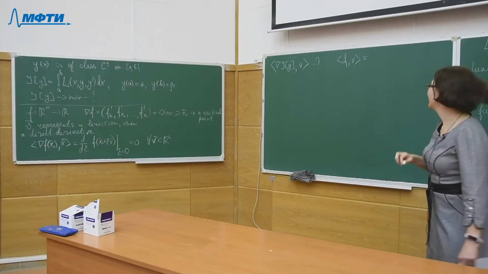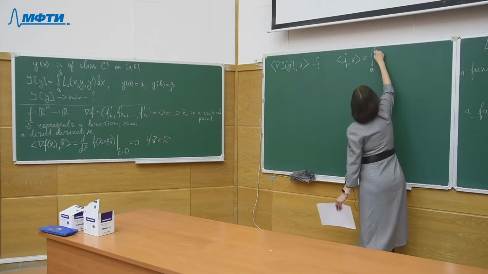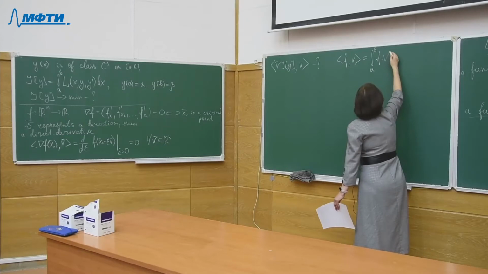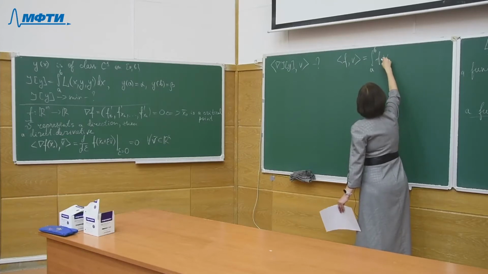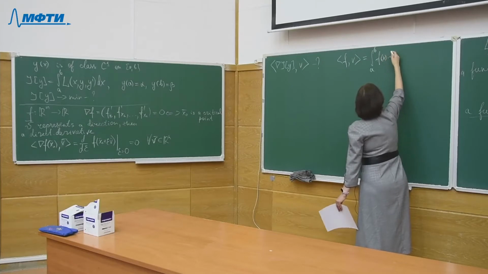So the integral from a to b of f times v. This is the product of two functions, so we multiply them and integrate.